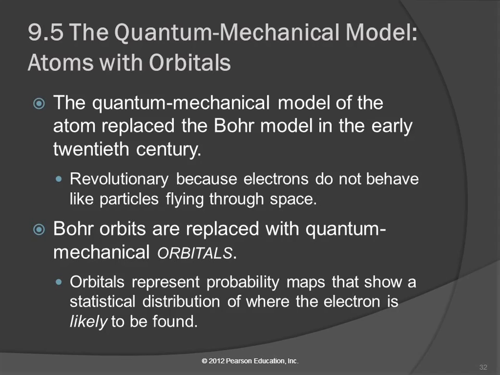We throw a baseball and we can predict where it's going to go. We throw a marble, which is smaller, and we can predict what's going to happen. Physics can give us equations for its trajectory and velocity and all that. When we get smaller and smaller, we come to a point where the particle does not act like a particle anymore. And so electrons do not act in the way that we're familiar with.